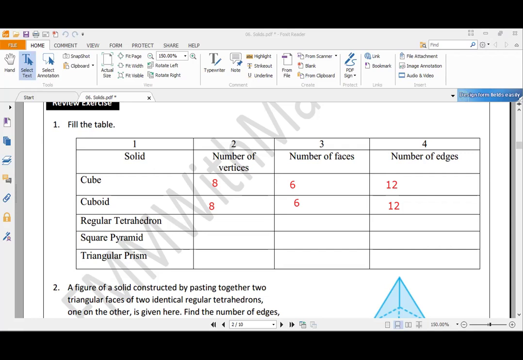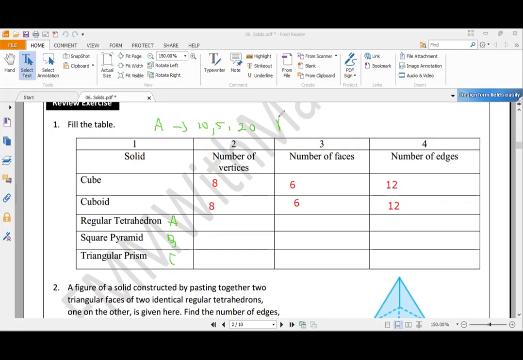I will name these A, B and C, so you can send me answers A, B and C. For example, I will say 10, comma, number of faces 5, comma, number of edges 20.